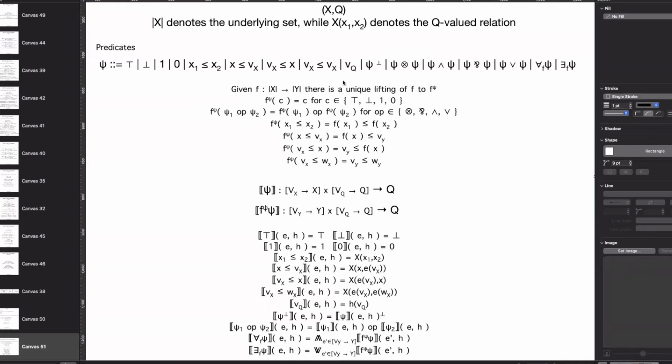So in general, phi is going to be interpreted as: you give me a formula, but you also have to give me two other things. Whenever I hit a variable, you have to tell me what the binding for that variable is for the X side of things.